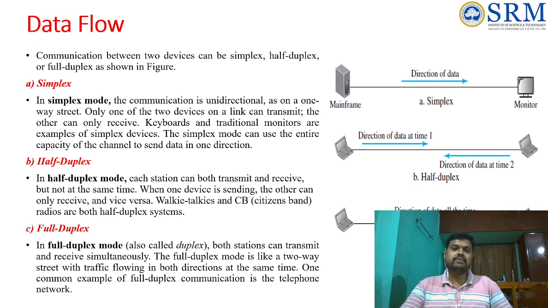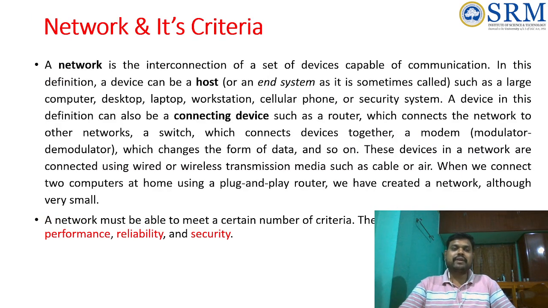Whereas in full duplex, communication in both directions is possible without any restrictions, or in other words, bidirectional communication at all times, right? So these are all the different types of data flow.